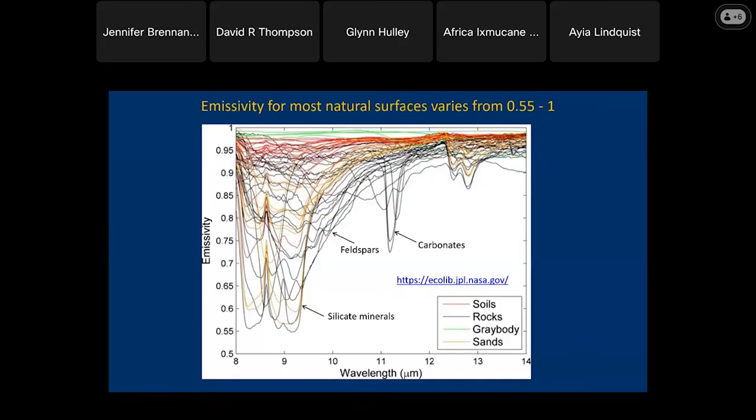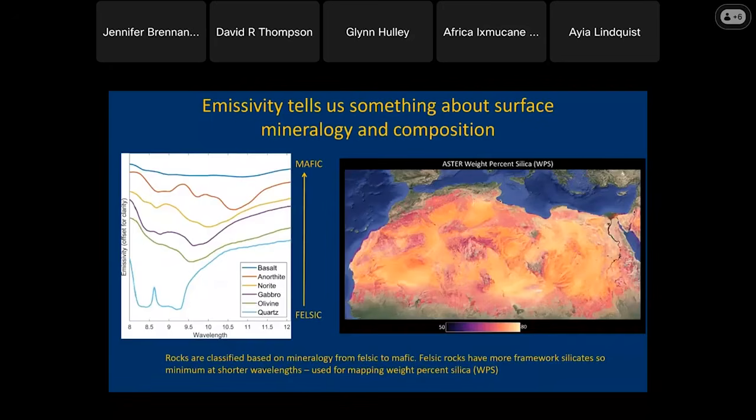And so it's mostly these sort of barren rocks, soils, and sands that are of most interest in terms of composition in the thermal infrared. And this is demonstrated really nicely in this example on the left. What I'm showing is the emissivity of different types of igneous rocks, and they're all offset for clarity here.